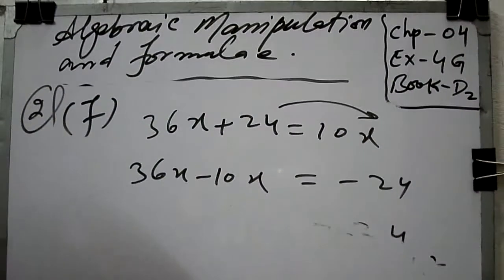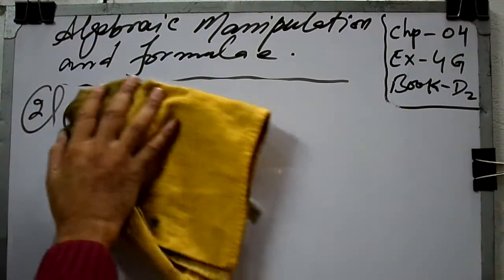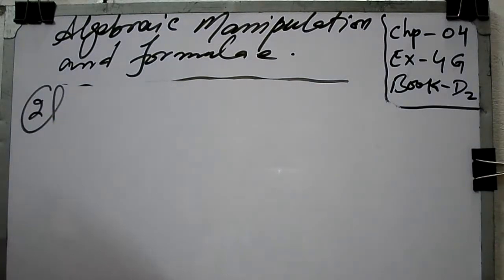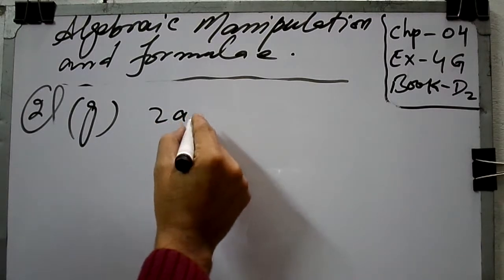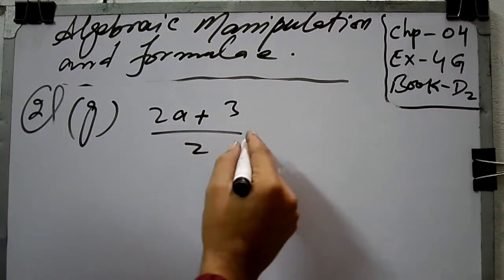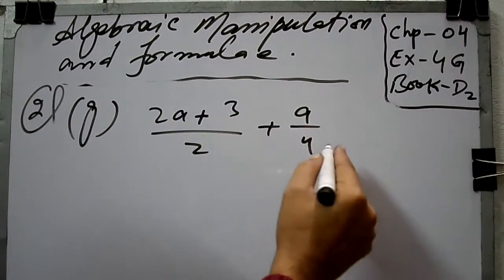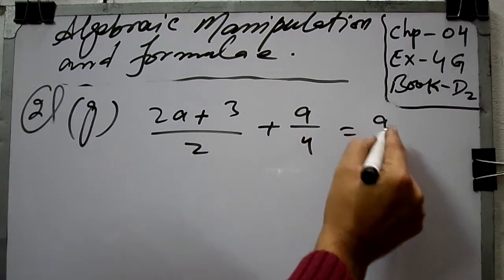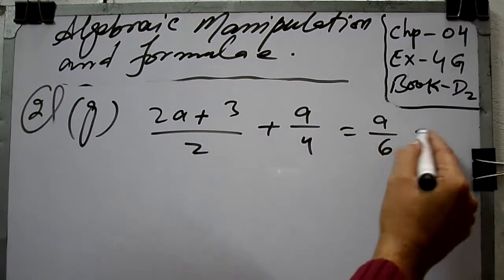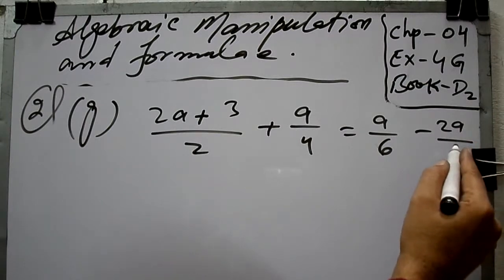Now coming to the G part, that is 2a divided by 2 plus a by 4 is equal to a by 6 minus 2a by 3.